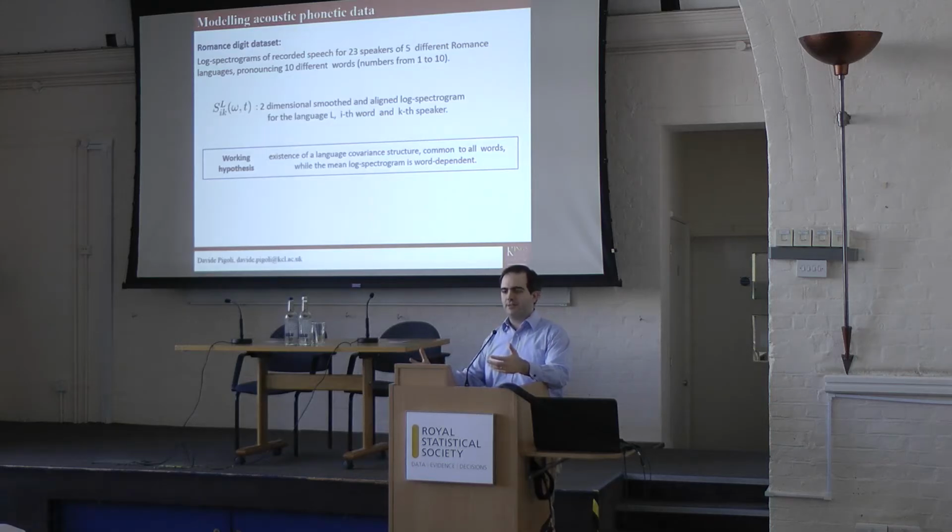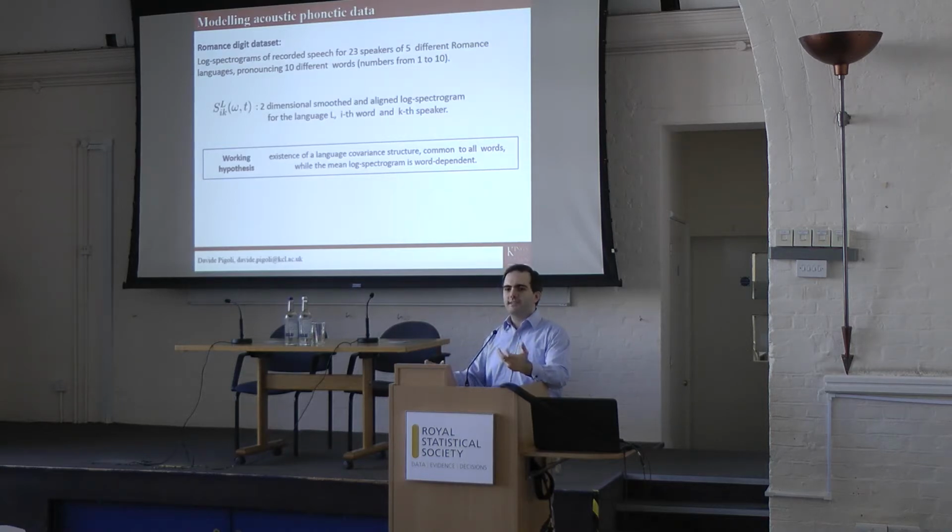Now, this is, of course, a working hypothesis, which tries to explain a phenomenon, which is, for example, if you enter a room with 2 different tables of people who speak 2 different languages that you don't know, you can still kind of hear that the 2 languages sound different.